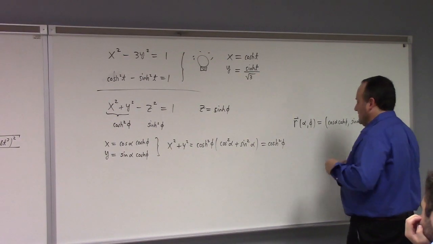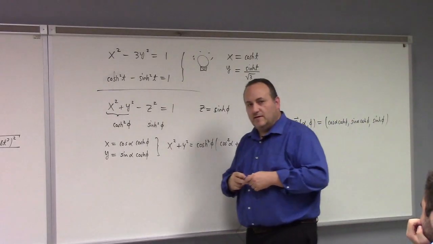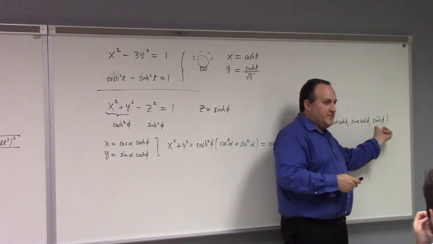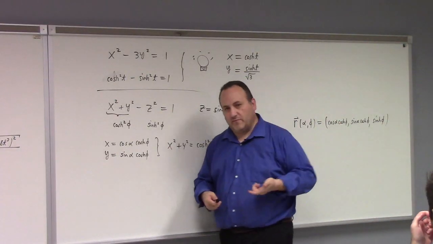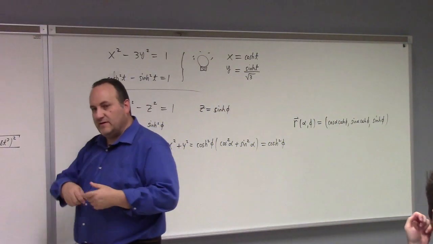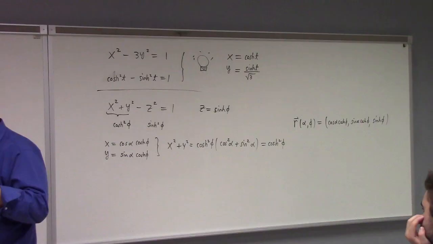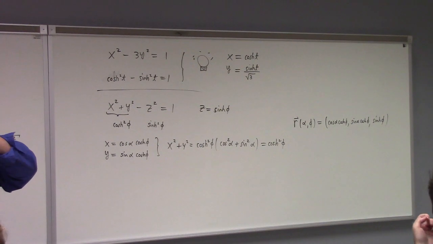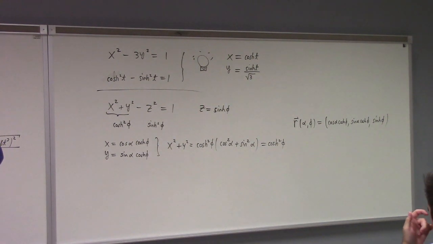The reason I think that this is a hyperboloid of 1 sheet is I just noticed that my formulas led me to put sinh phi over here, and phi ranges over all real parameters. That ranges from minus infinity to infinity, which says to me that this hyperboloid has points in its graph for all possible phi, which gives you all possible z. I think it's a hyperboloid of 1 sheet, actually.